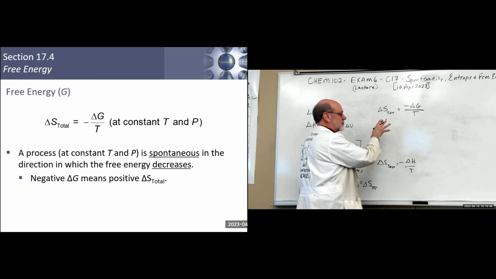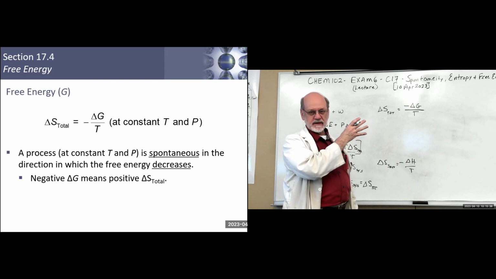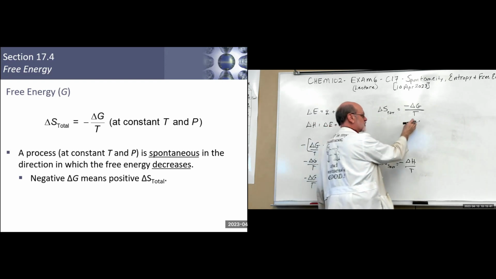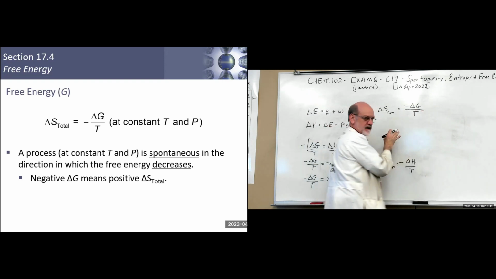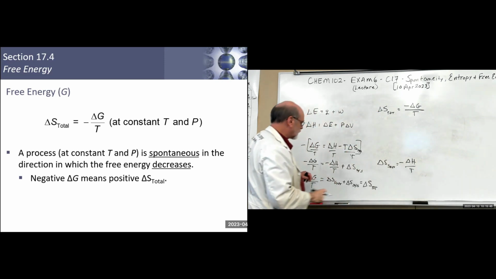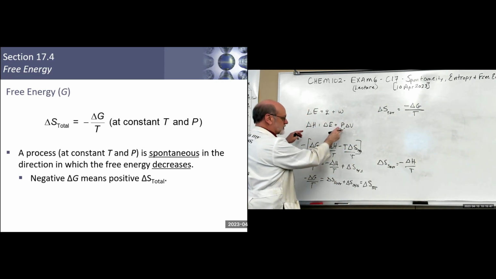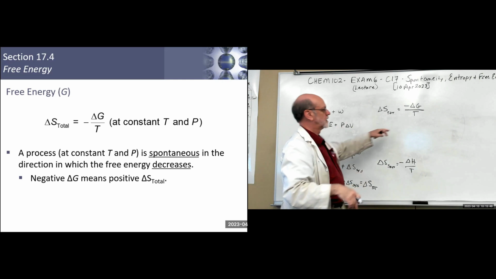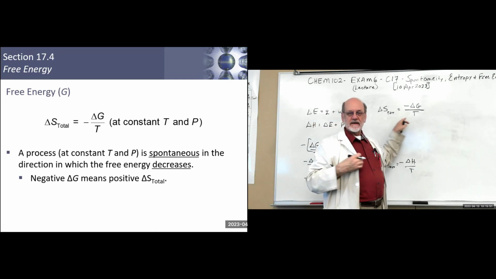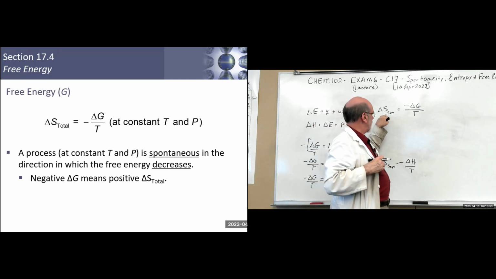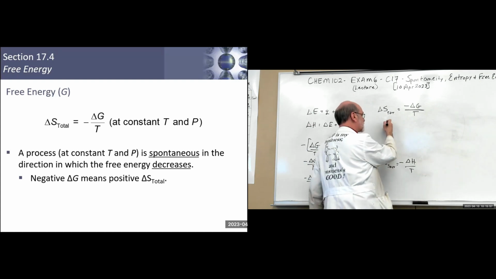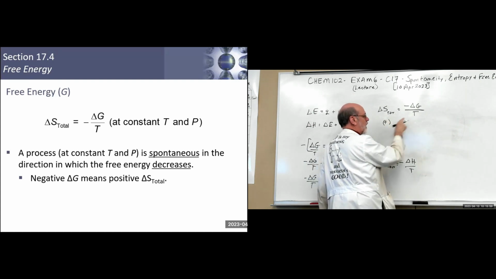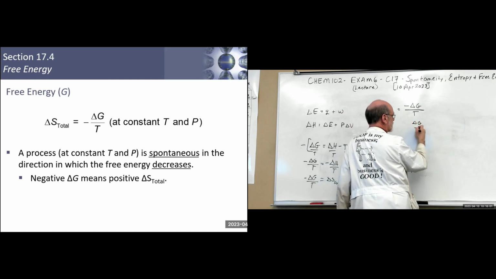In this case, the way to interpret this is that if the temperature is constant, and also by definition the pressure is constant, then the delta S total is spontaneous when it's positive. This is positive only when delta G is negative.